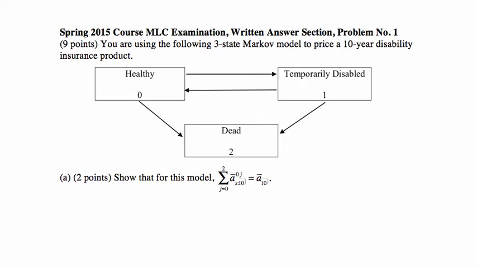We're considering all 3 states, 0, 1, and 2, as you see from the sum. So we want to show that for this model, the sum of these 3 annuities is equal to the deterministic annuity payable over 10 years, A bar angle 10.